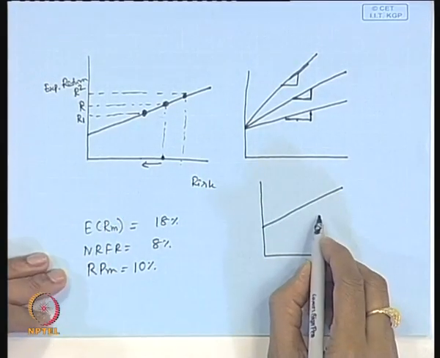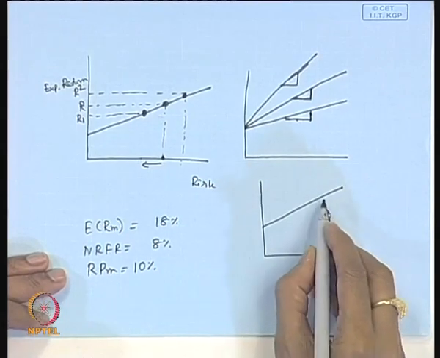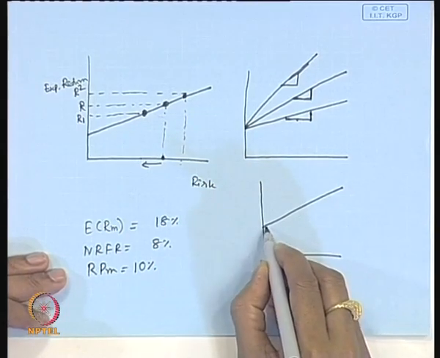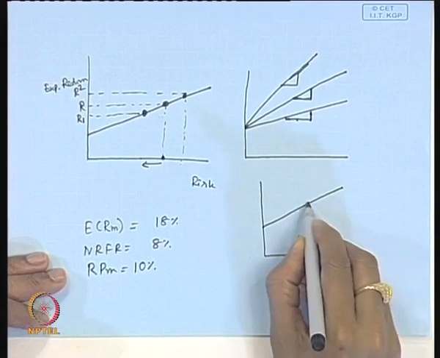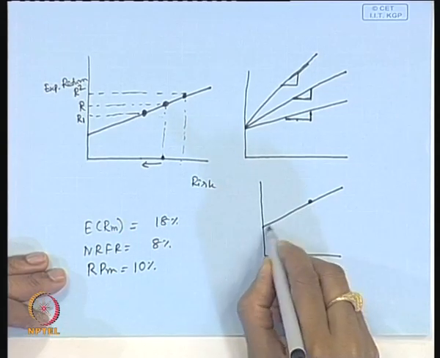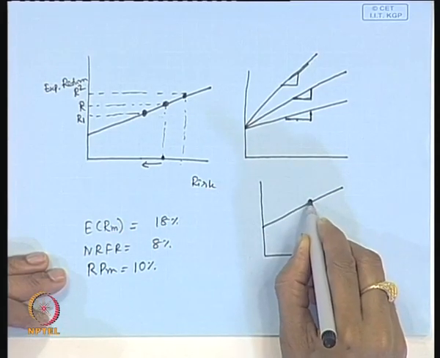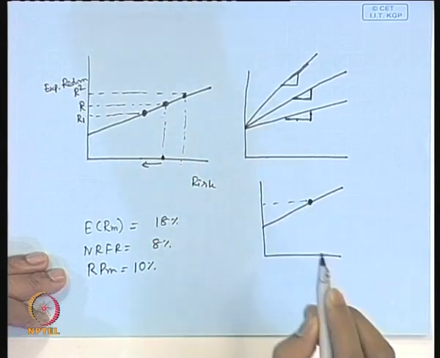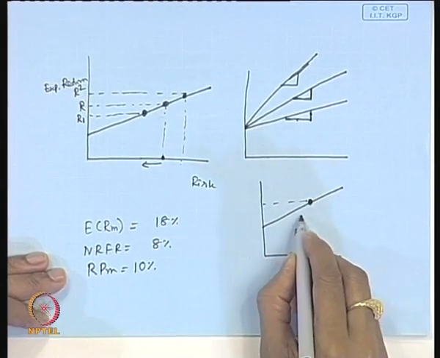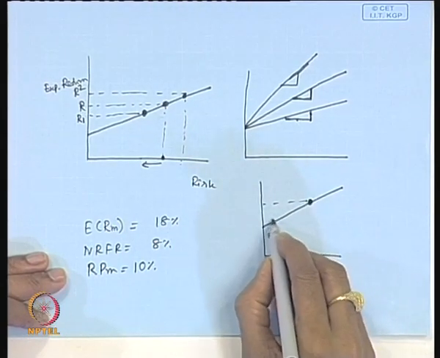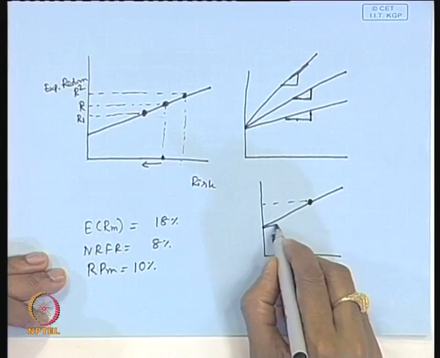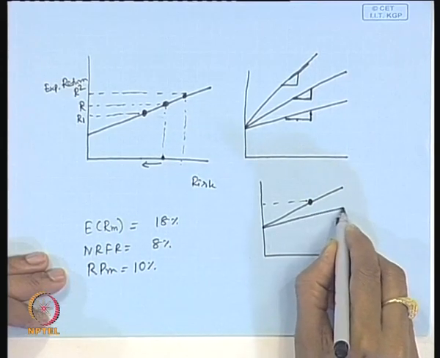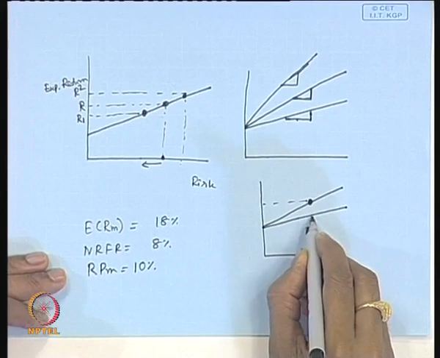Since my expectation of return from the risk involved has come down, the SML in this case will change. If my asset's return comes at this particular point, and I am expecting that reward per risk is going to come down, then the slope of the graph will be lower.